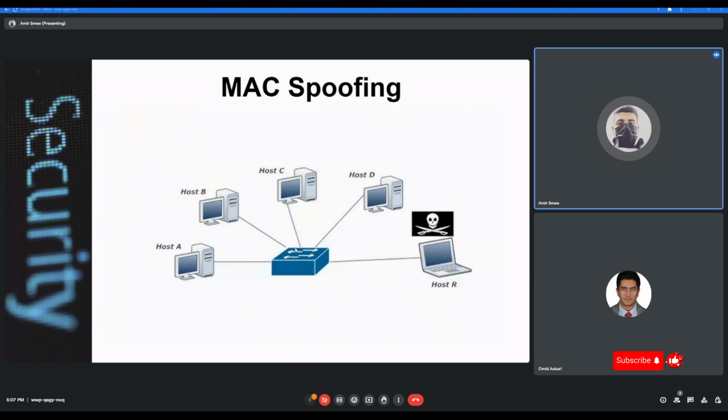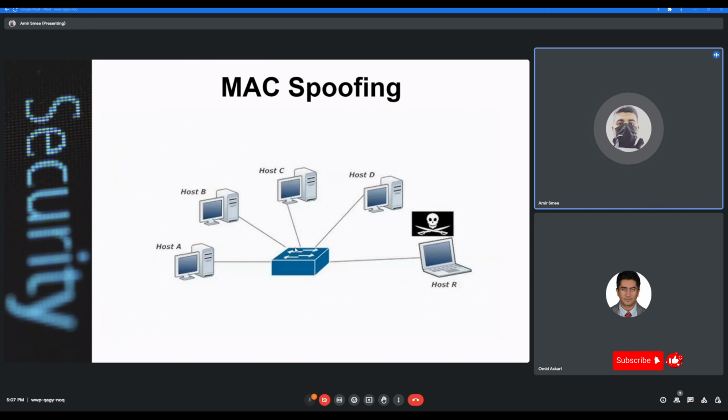MAC spoofing. MAC spoofing works by modifying the media access control address of a network device to impersonate another device on the network. The MAC address is a unique identifier assigned to network interfaces for communication on the physical network segment.